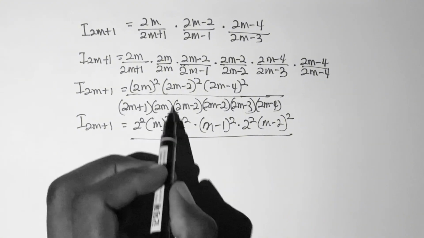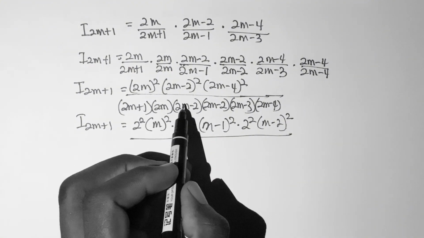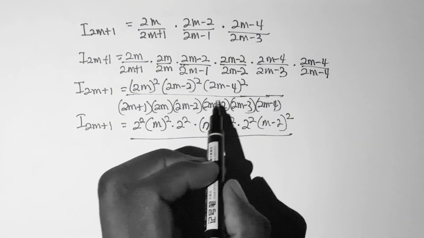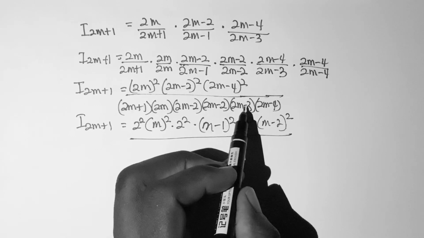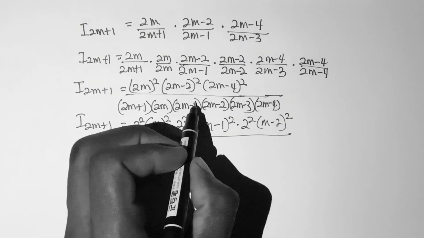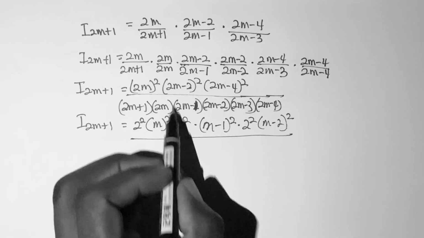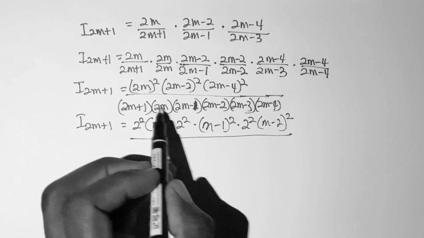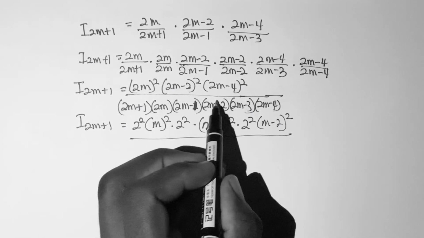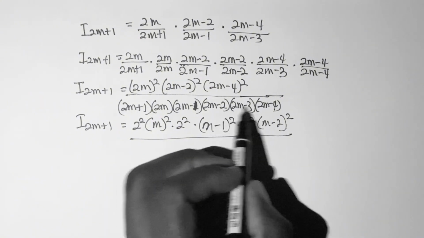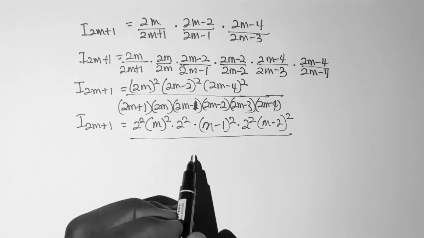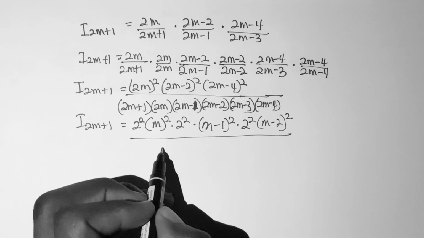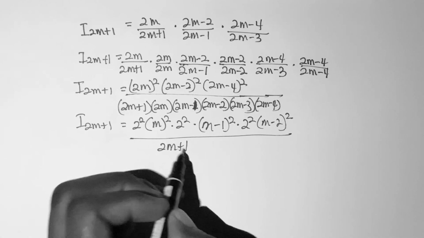If you subtract 1, you get 2m, then 2m minus 1. So if you subtract 1 from 2m, you get 2m minus 1. Subtract 1, 2m minus 2. Subtract 1, 2m minus 3, and subtract 1, 2m minus 4. So this is 2m plus 1 factorial.